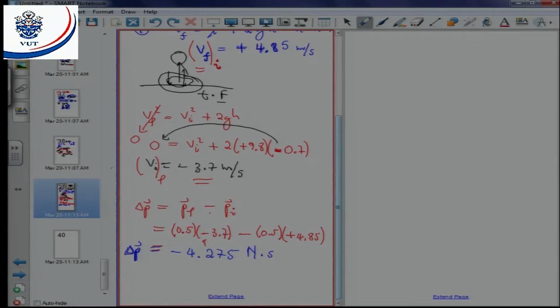So what does this mean? Remember that positive was down, so because we have a negative, it's up, so the final answer would be 4.275 Newton second upwards. Okay, so that's the change in momentum.